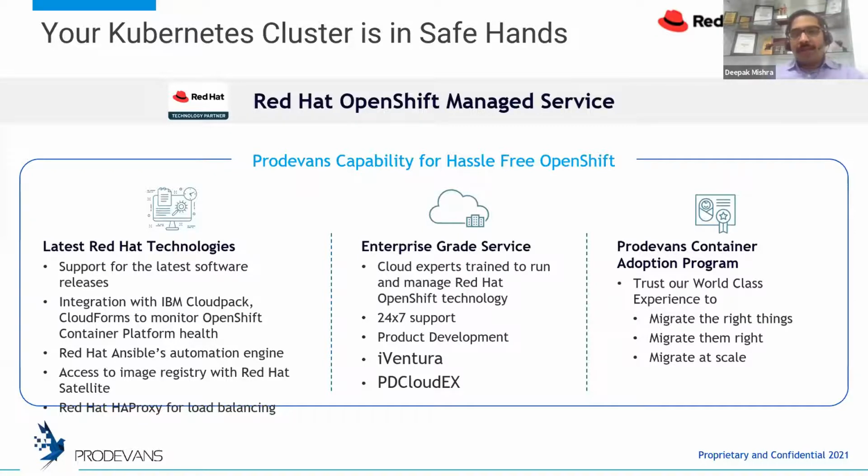So we have our container adoption framework in place, which is definitely driven from a lot of different organizations' experience which we have dealt with in the last several years. And in that particular program, which I will be talking about mostly today, is to understand how this is being done. Okay. So I'll just pause here.